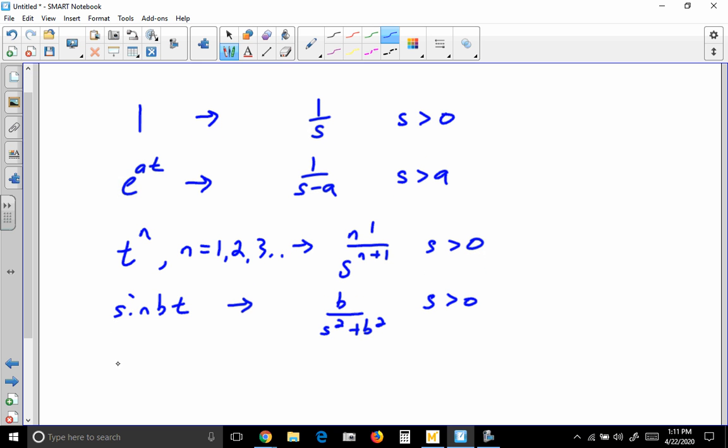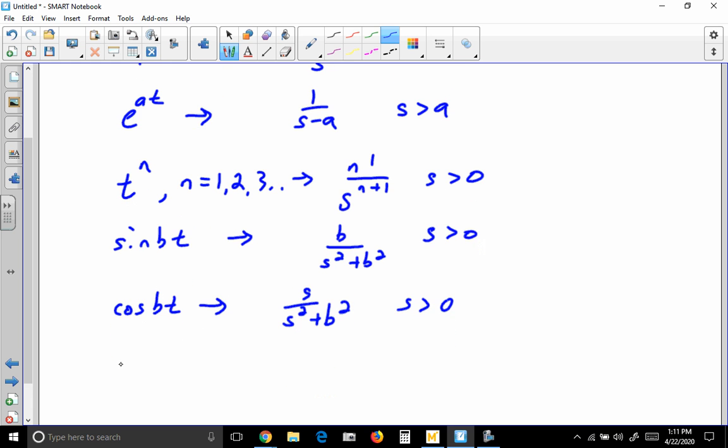If we have cosine bt, that transforms into s over s squared plus b squared, as long as s is greater than 0. If we have e to the at times t to the n, that transforms into n factorial over s minus a to the n plus 1 power. And that's true as long as s is greater than a.